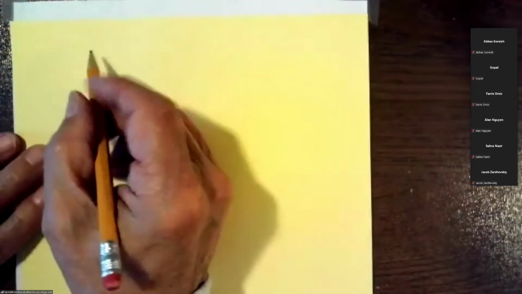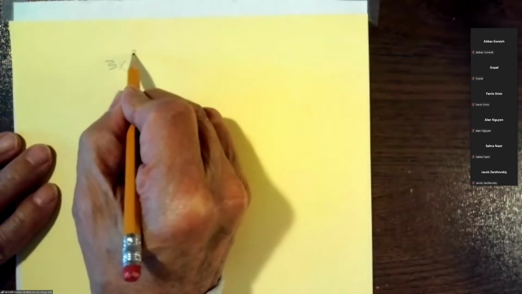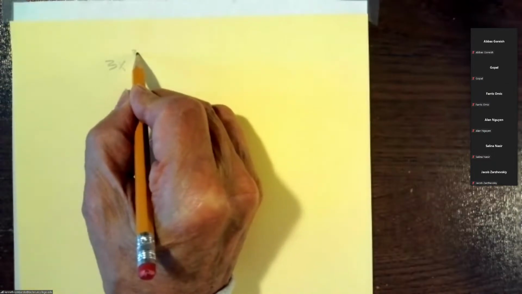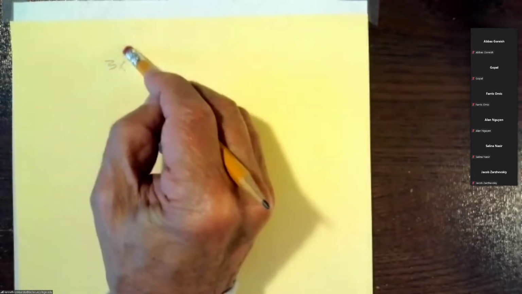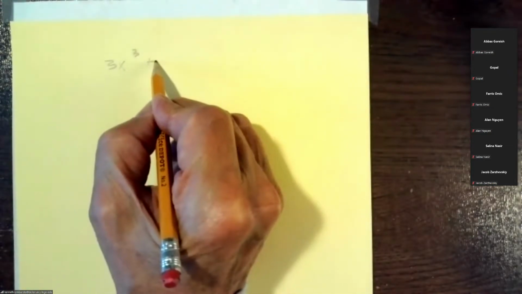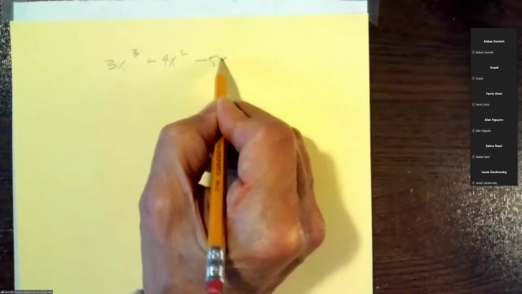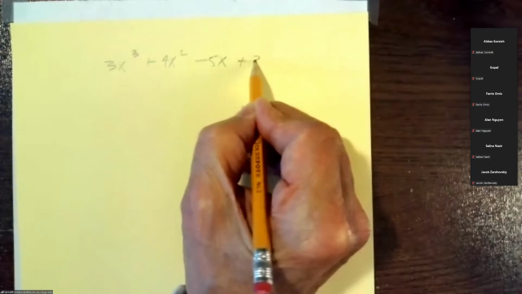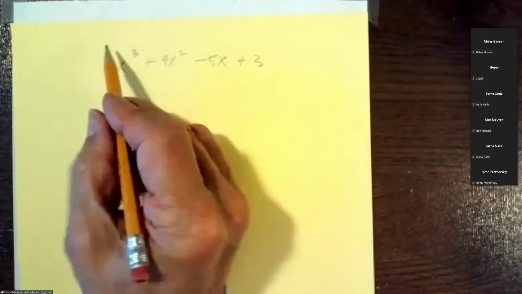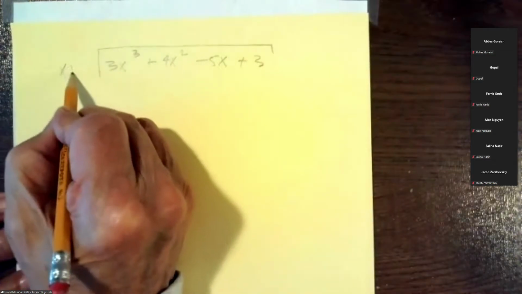Let's say I have 3x squared, cubed. No, let's make it 3x cubed. Make it more interesting. 3x cubed plus 4x squared minus 5x plus 3. And I want to divide this by x plus 4.